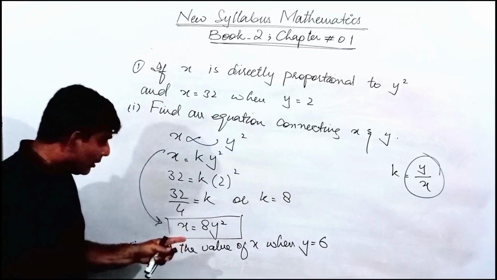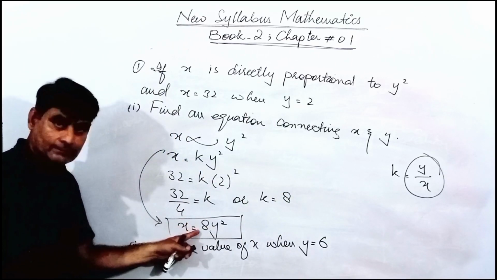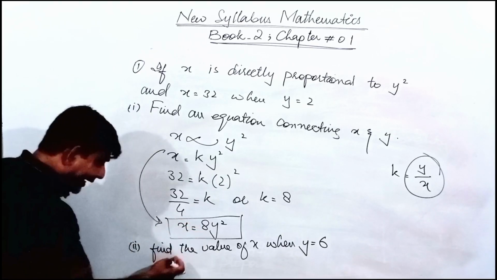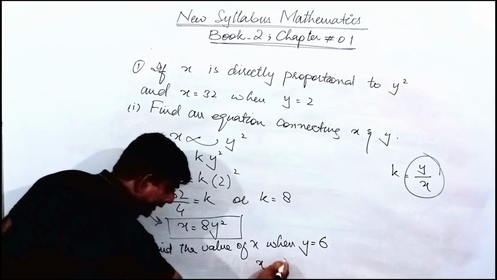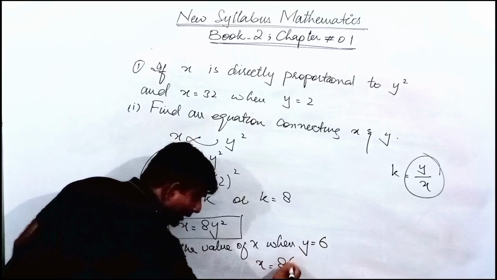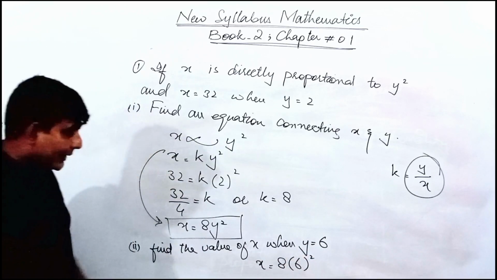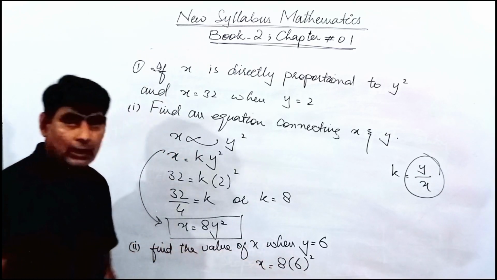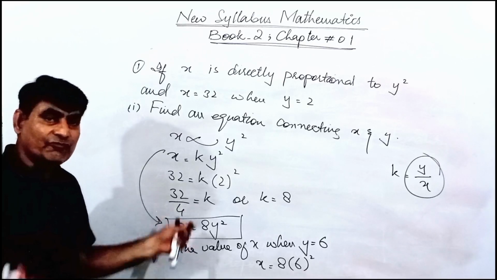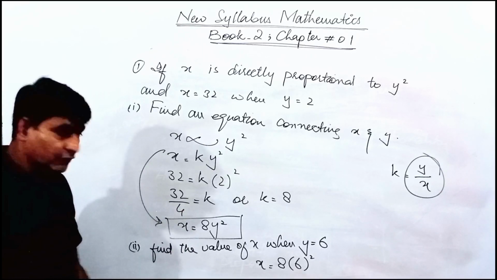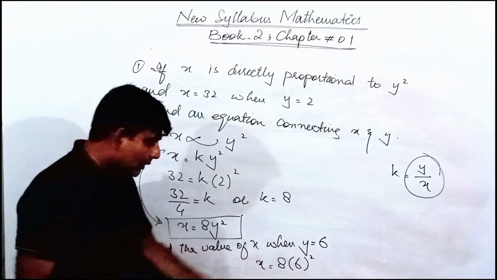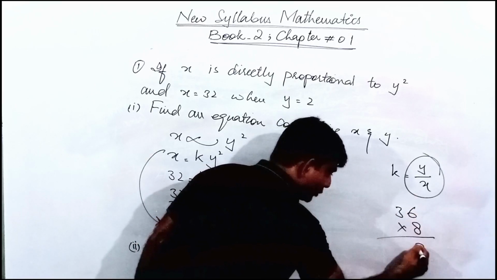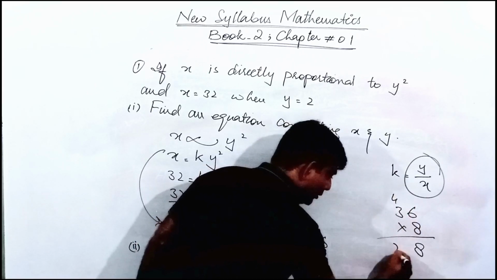But over here, what happened? We have found out our relation, so you must use this relation right now. Find the value of x. x equal to 8 times y square. y is 6, 6 square is 36, and 36 8s are, double the amount, 4 times 72, then 144. 4 times 36 multiplied by 8: 8 6s are 48, 8 3s are 24, and 280.